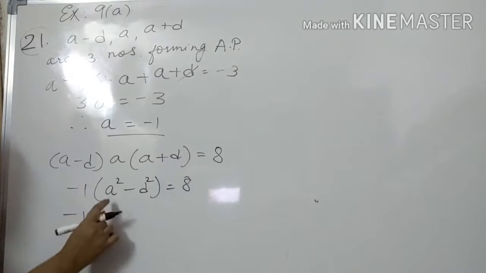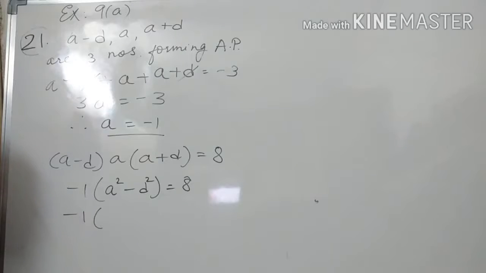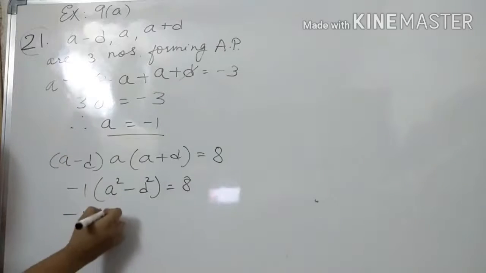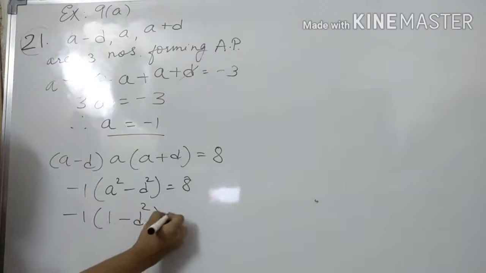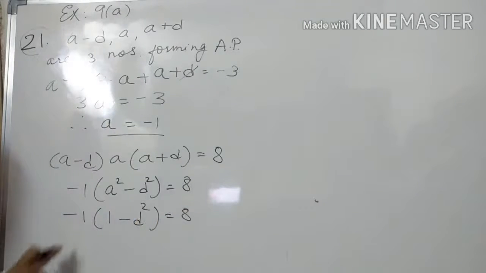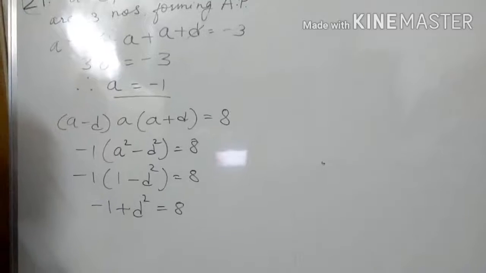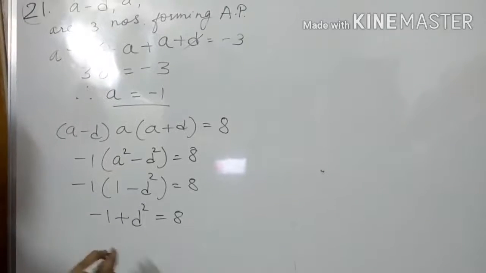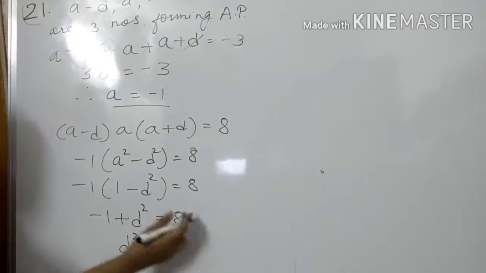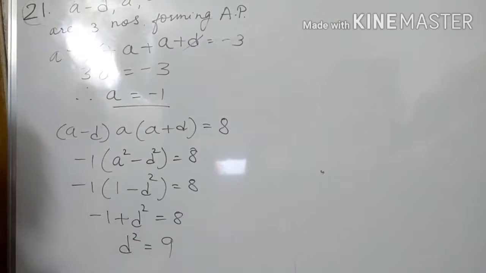Now here I will substitute 1 instead of a square, since minus 1 square is 1. Now I multiply the whole bracket by minus 1. So minus 1 plus d square is equal to 8. And then next, by adding this 1 on the right hand side, I get d square is equal to 9. So now taking square root on both sides, I get d value plus or minus 3.